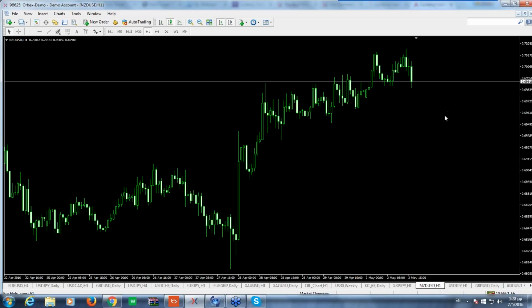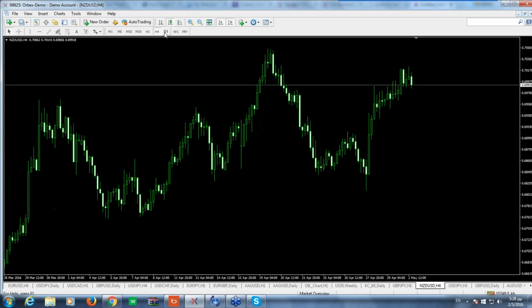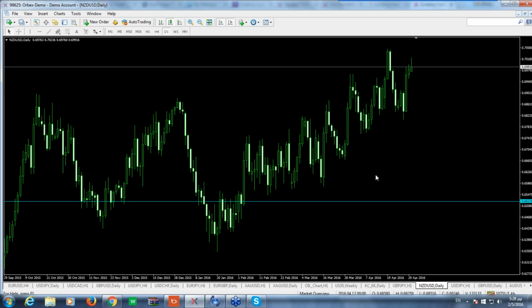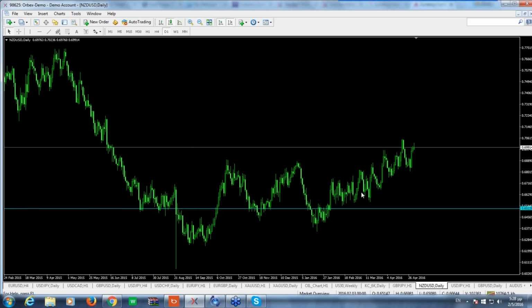It may be a bit of a correction on the downwards side of it. So there may be a pattern. As you can see, the patterns are almost the same. Z-like pattern on the daily chart. So it's more or less the same of what may happen in NZD/USD compared to the AUD/USD. Okay, guys.